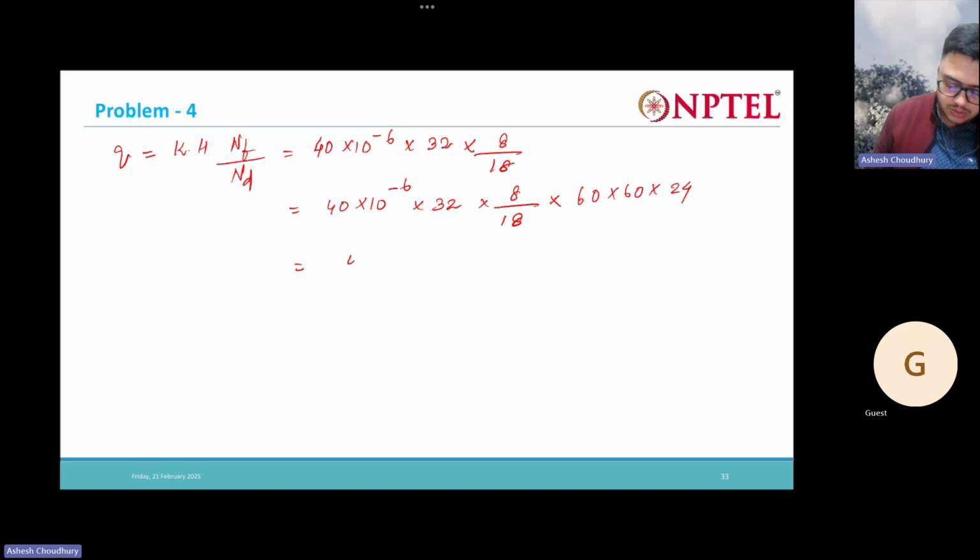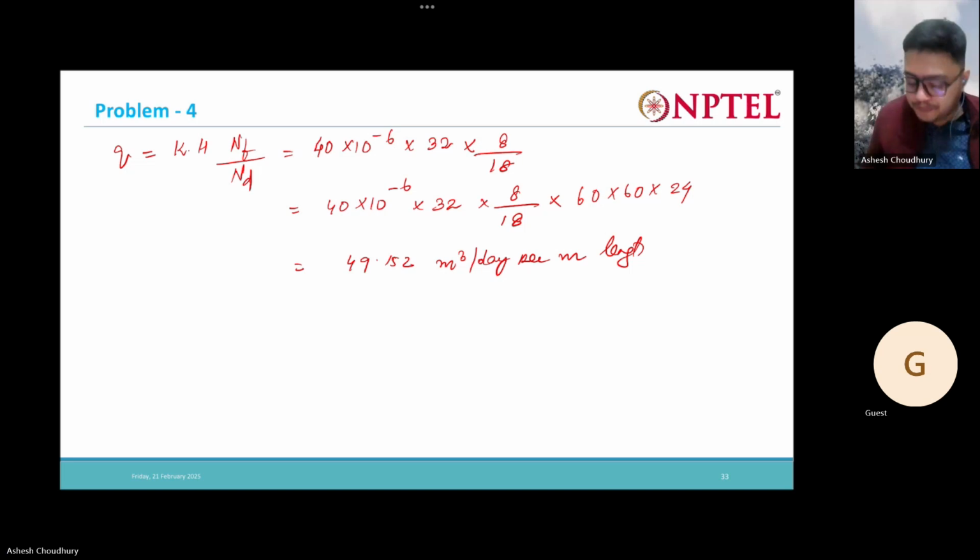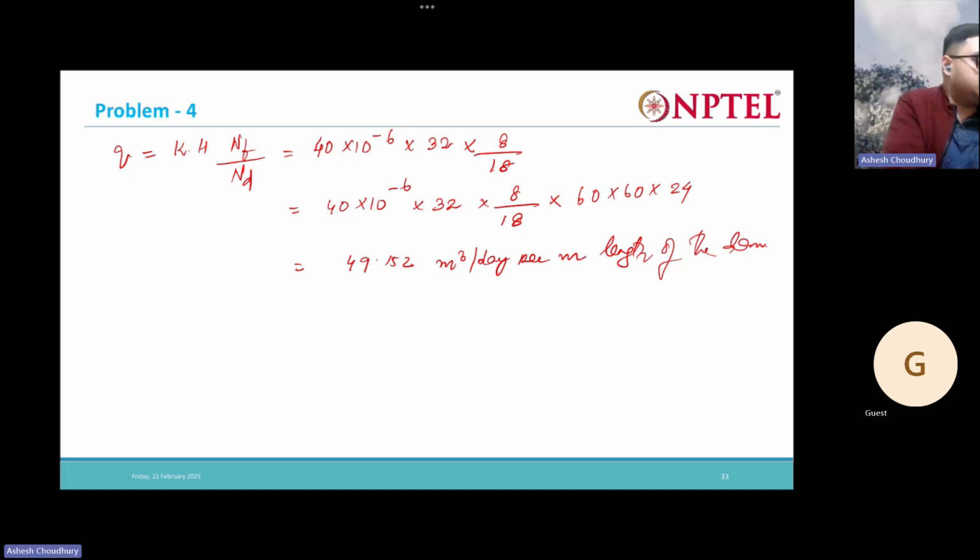It will come out as 49.152 meter cube per day per meter length of the dam. See whether you're getting it or not. Draw the flow channels and flow net by yourself, and then check once whether you are getting this or not.